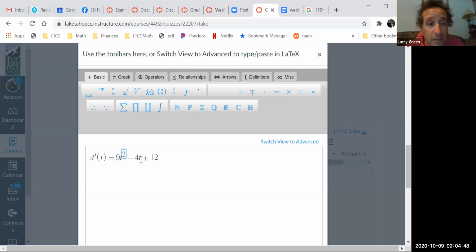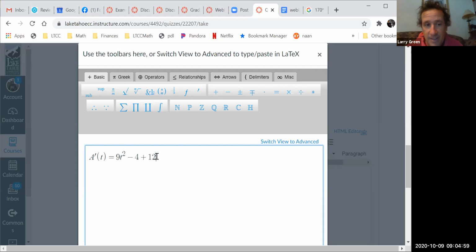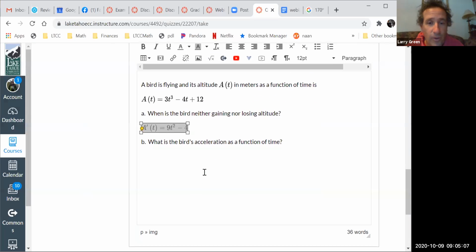What's the derivative of minus 4t? Minus 4. And what's the derivative of plus 12? 0. So a prime of t is 9t squared minus 4.